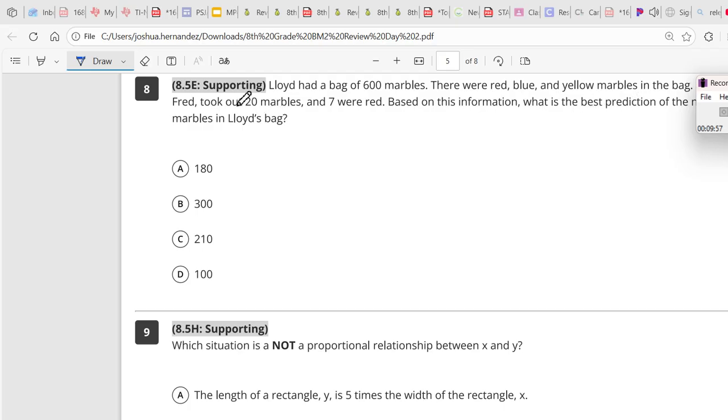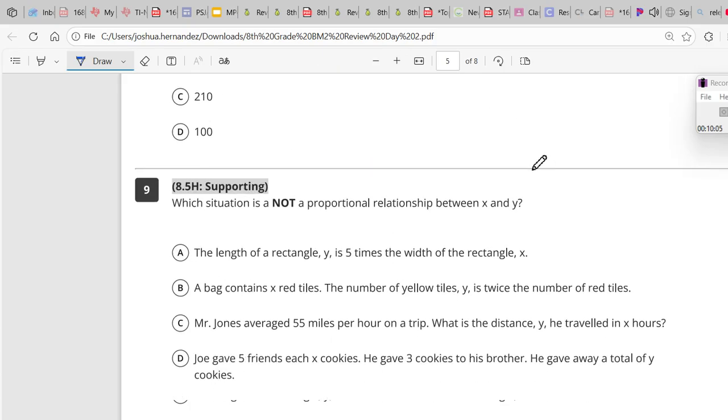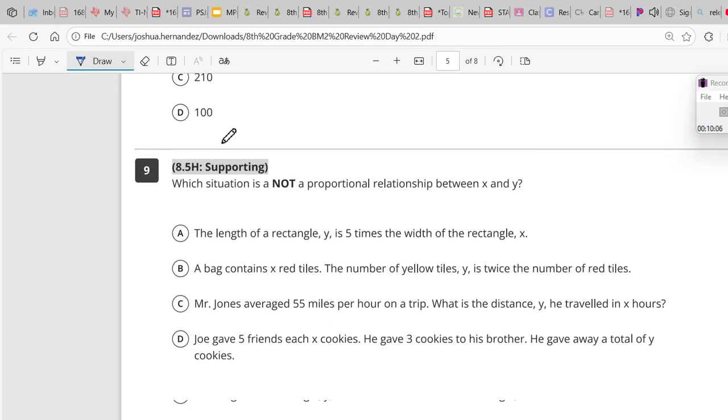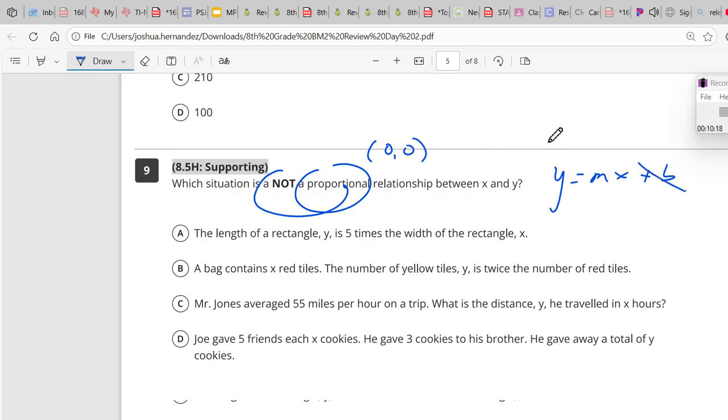For this right here, we're going to go ahead and skip that one. I do not remember teaching anything about this. Okay, non-proportional. Proportional means it goes through the origin. We have y equals mx plus b, but proportional means not having that b part.